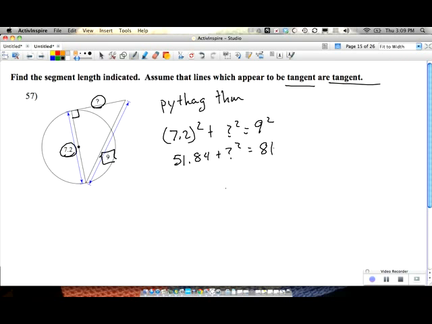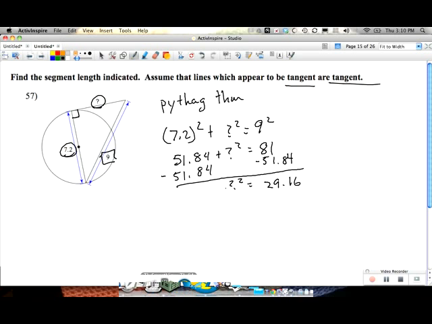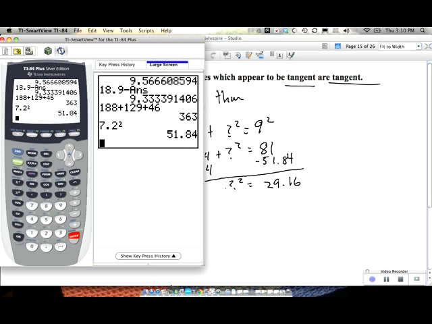Well, I have to subtract 51.84 from both sides. And that's going to give me 29.16, I believe. I'm going to check it with the calculator here, though. 81 minus 51.84. 29.16.